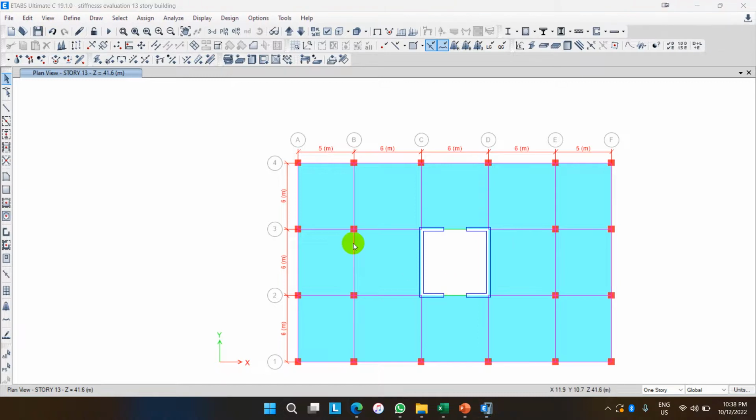The presence of stiffness irregularity in the structure leads to undesirable behavior during strong ground motions, which includes the localization of lateral deformation and initiation of a story collapse mechanism. So it is very important to have an estimation of story stiffness, or a quantitative check of the stiffness of each story along the height of the building.